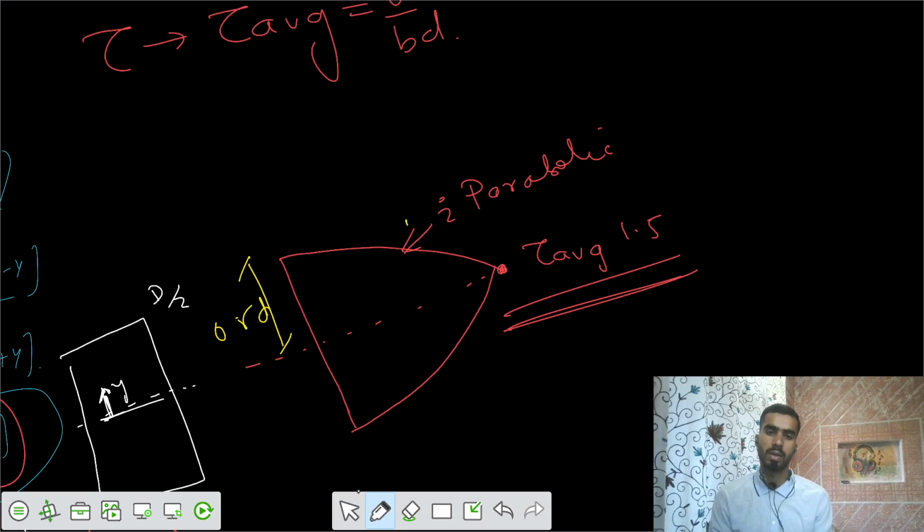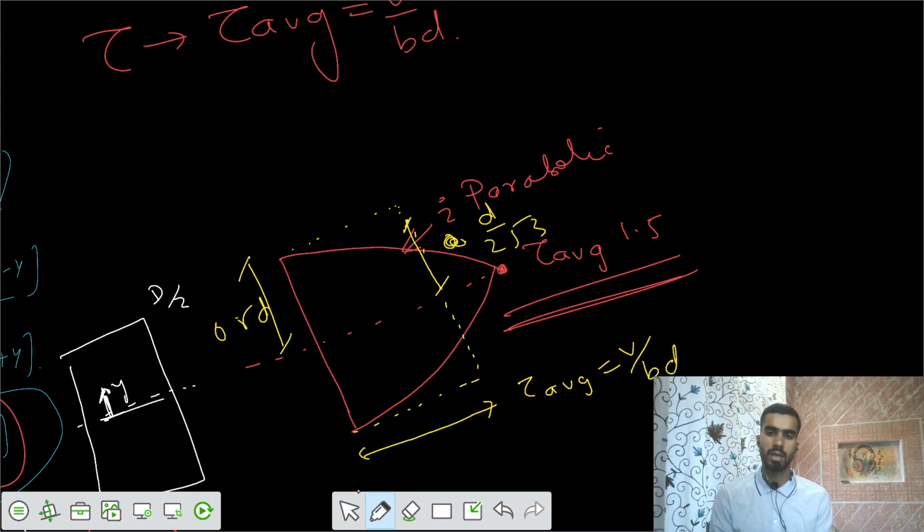Or we can write it in terms of d by 2 root 3, where your shear stress value equals tau average. So this value of shear stress is tau average, that's V by bd. And this one is 1.5 V by bd. So we got this there.